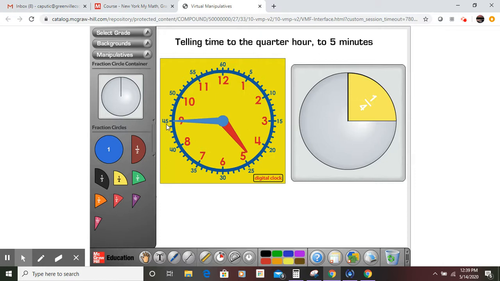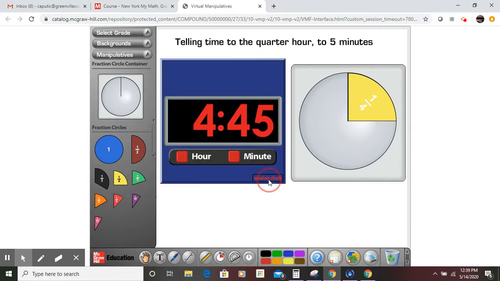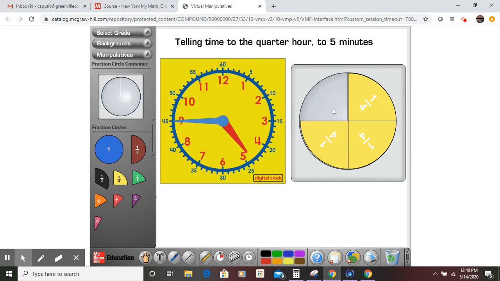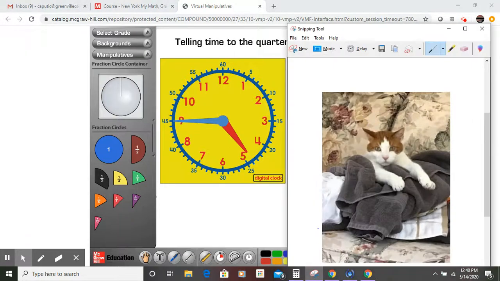And 9 fives is 45. So it is 4:45. Or remember, there is only a quarter left until we get to 5 o'clock. So we can say quarter till 5.